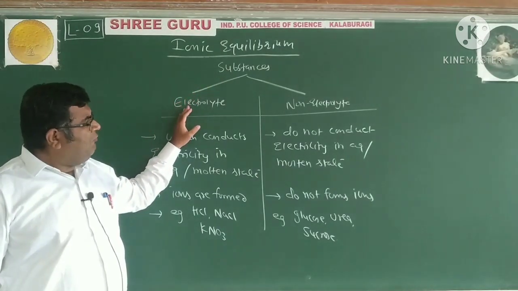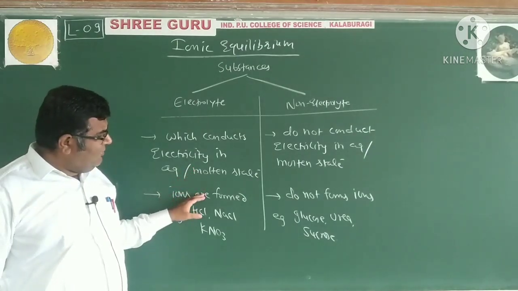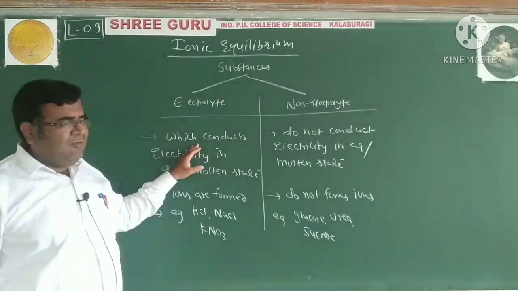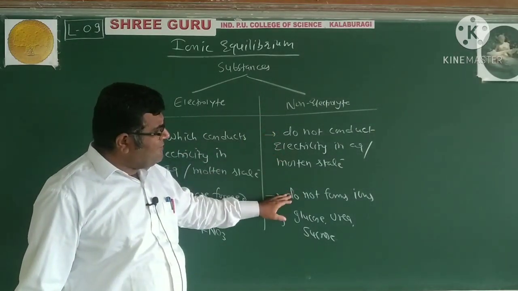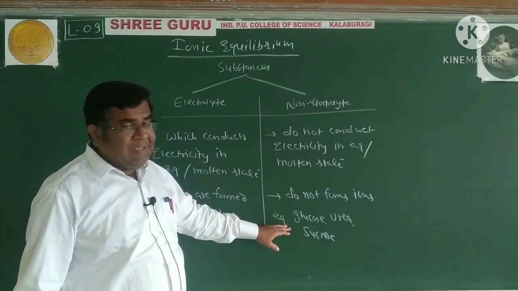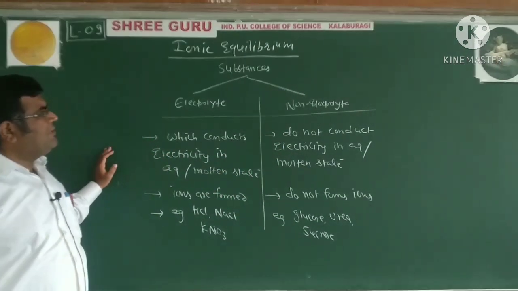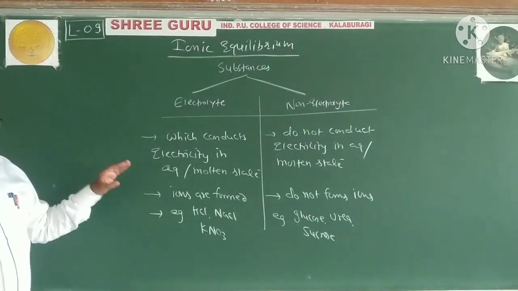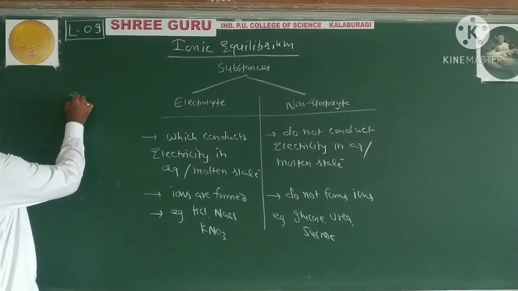One, when we put that substance into water or melt them, ions are formed and they conduct electricity. Others, if we put them into water, do not form ions, do not conduct electricity, and remain as molecules in the water. So this is the way in which substances can be classified.